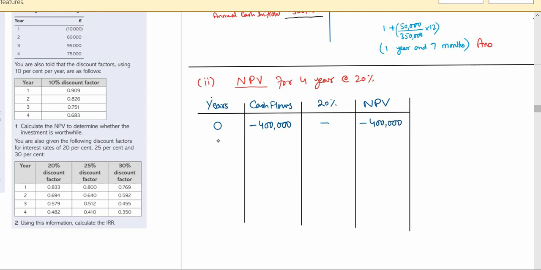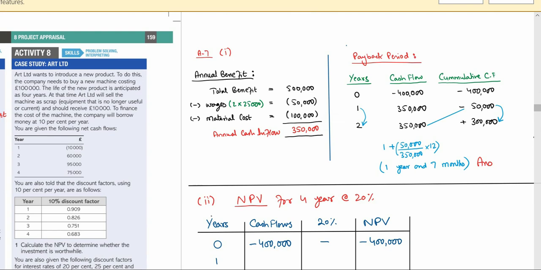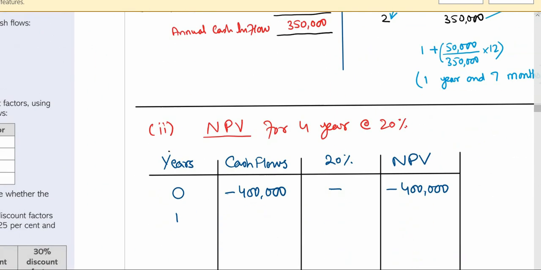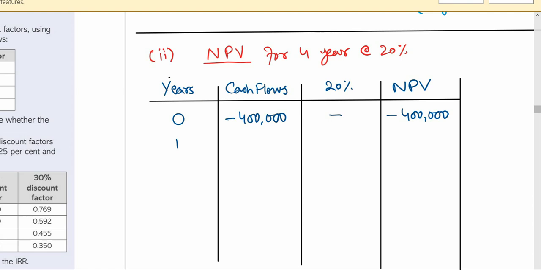So the net present value will be negative 400,000 for year zero. For year one, what is the annual cash flow? The annual cash flow we calculated is 350,000. Now we are going to discount it for 1 year, because net present value means all cash flows are brought to time zero.